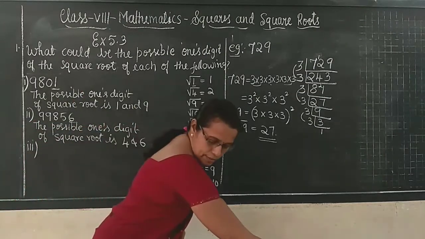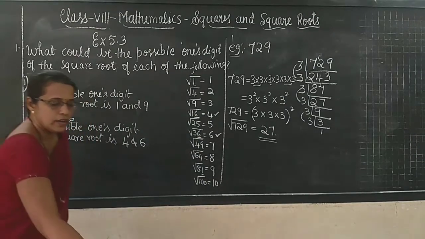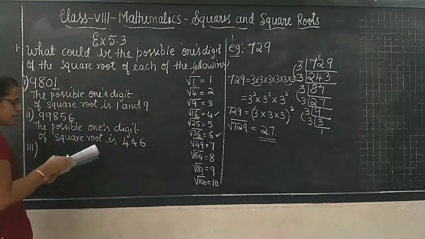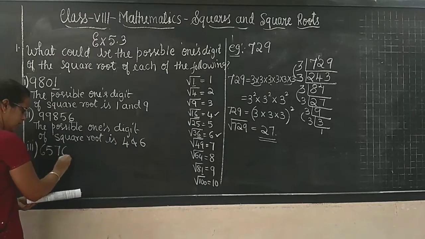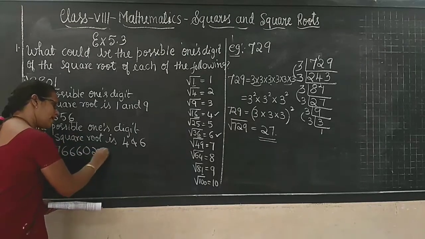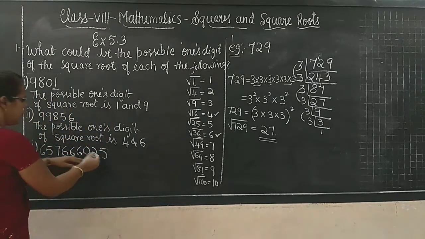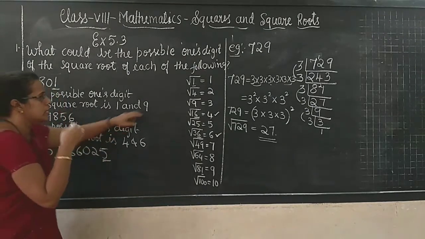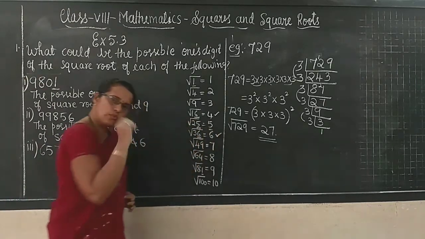So if I take the third question, what is the third question? Here 9, 9, okay, I write this one: 6, 5, 7, 0, 6, 6, 6, 0, 2, 5. Yes, children. So now, the number ends with 5. Means in this list, a number that ends with 5, its square root also ends with 5 itself.